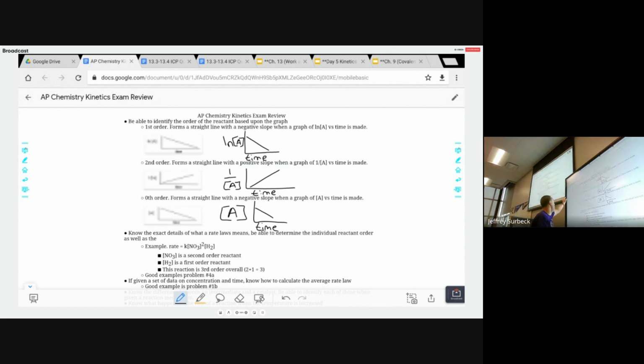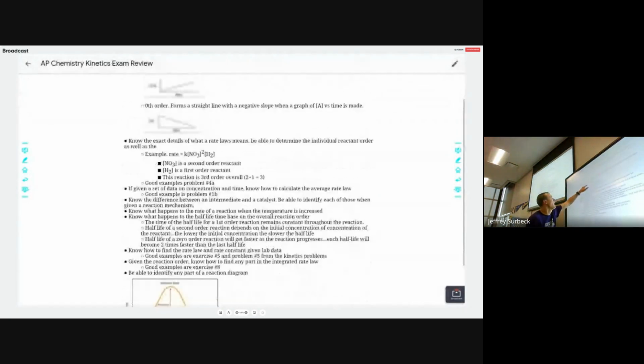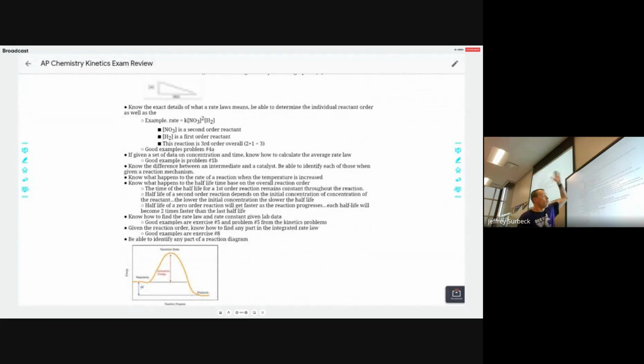So moving on to our next item up for business. Rate law. You've got to know the ins and outs of rate law. This right here could be 3 or 4 questions pretty easily. Number 1, you have to write rate laws in a specific format. Rate equals k, bracket raised to the power.